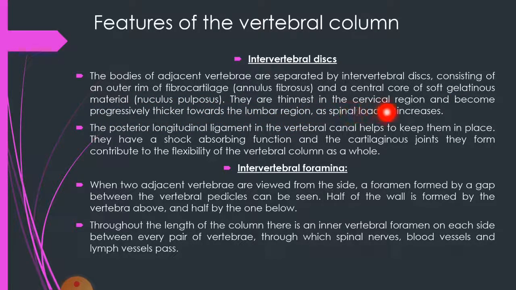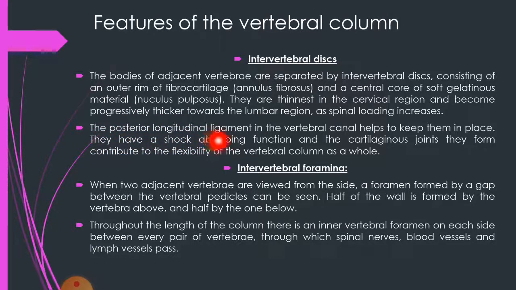They are thinnest in the cervical region and become progressively thicker towards the lumbar region as spinal loading increases. So this is another adaptation. The first one was the change in the size of the vertebral body, and the second one is the thickness of your intervertebral disc.